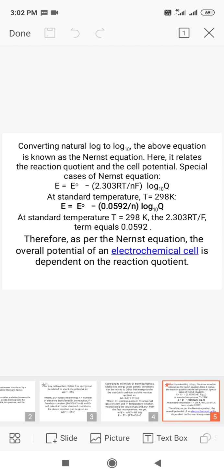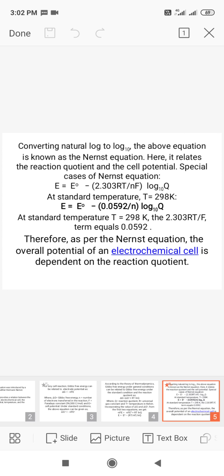Usually at standard temperature, that is at 25 degrees centigrade, we have to convert it into Kelvin, that is 298 Kelvin. The above equation becomes E is equal to E naught minus 0.0592.